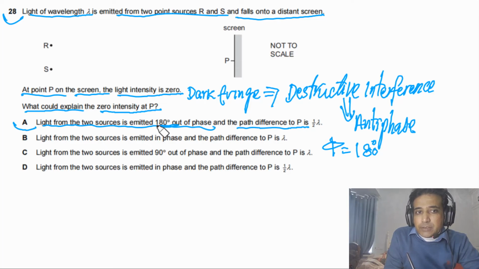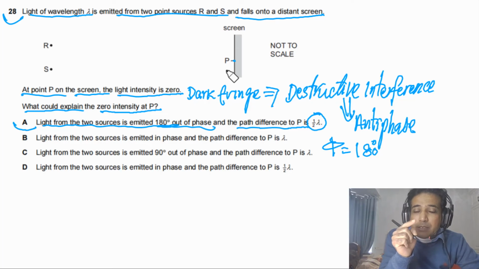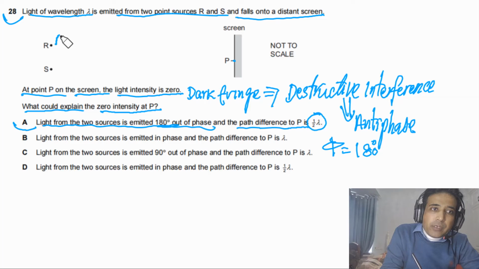So this is 180 degrees phase difference, and this is also 180 degrees. So when they reach point P, these two waves will be in phase. At this point they are in anti-phase.